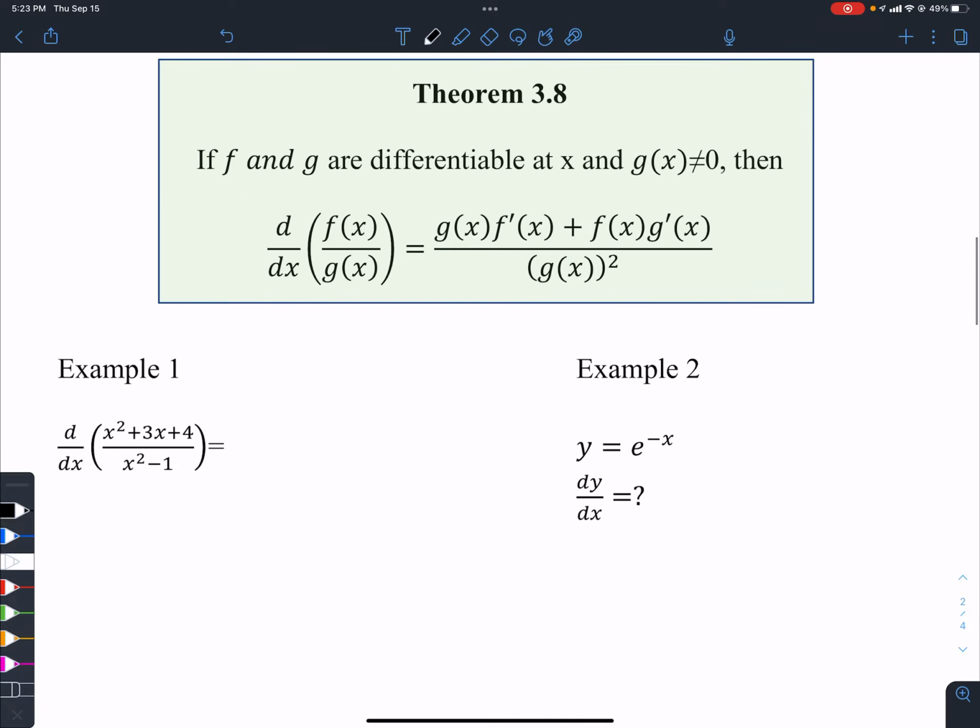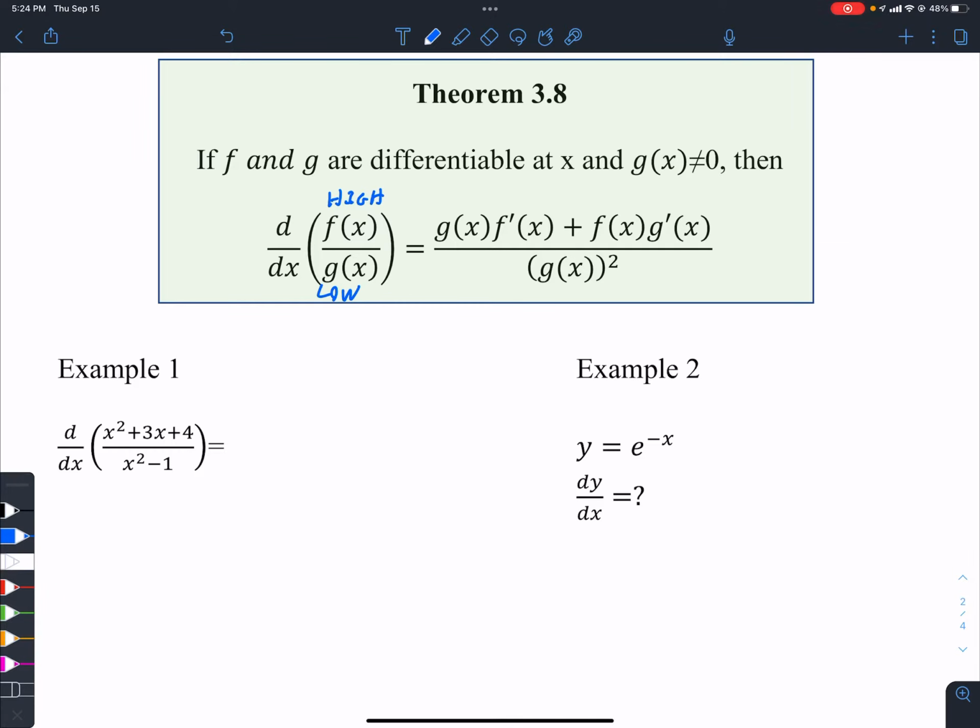Here's your next theorem, theorem 3.8. You have two functions, again, that are differentiable at x, and the denominator is not 0. This is the quotient rule. So I'm going to call this one the high one. I'm going to call this the low one.